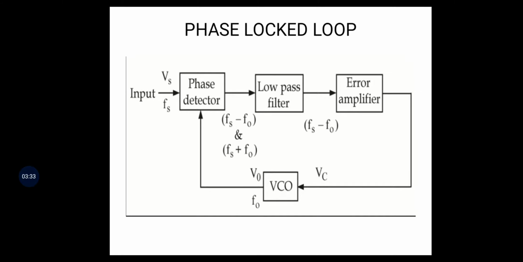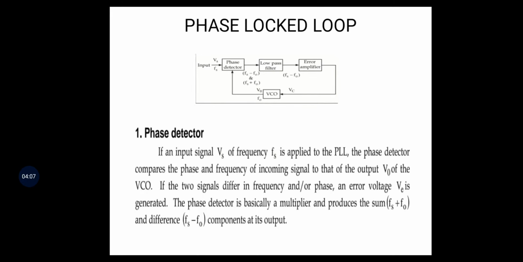A low pass filter allows low frequency signals and blocks high frequency signals. Here the low frequency is Fs minus F0 and the high frequency is Fs plus F0. So it allows the Fs minus F0 signal and rejects the Fs plus F0 signal.